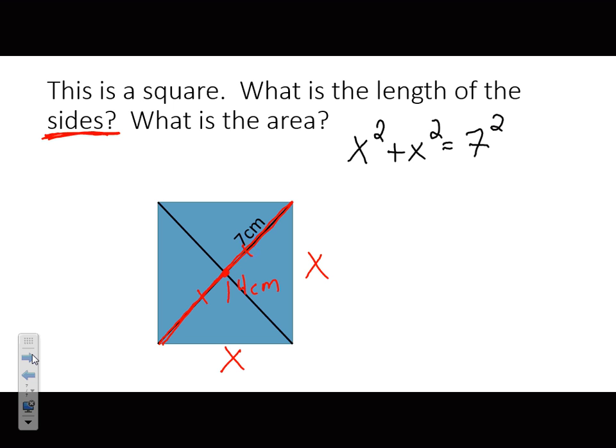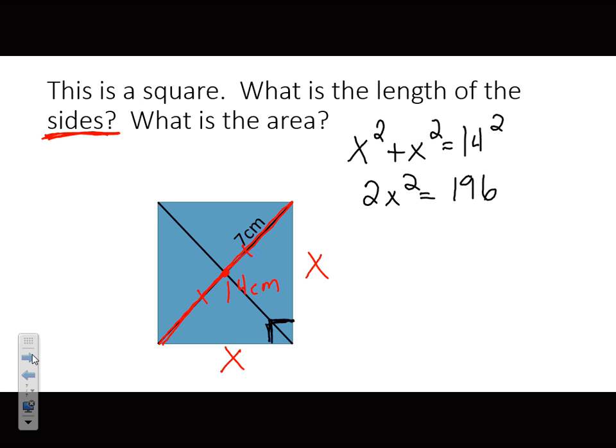And we know we can use this because squares all have right angles. Okay, so x squared plus x squared is going to be 2x squared. Oh, sorry you guys, it shouldn't be 7 squared, it should be 14 squared, right? Because we're using the whole length. And 14 squared is 196.